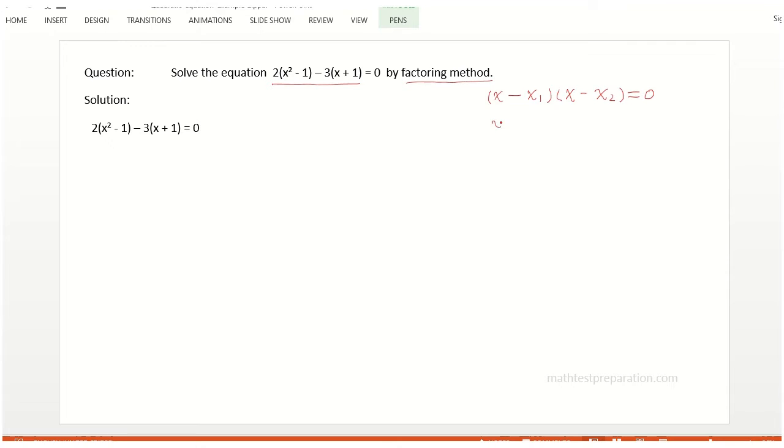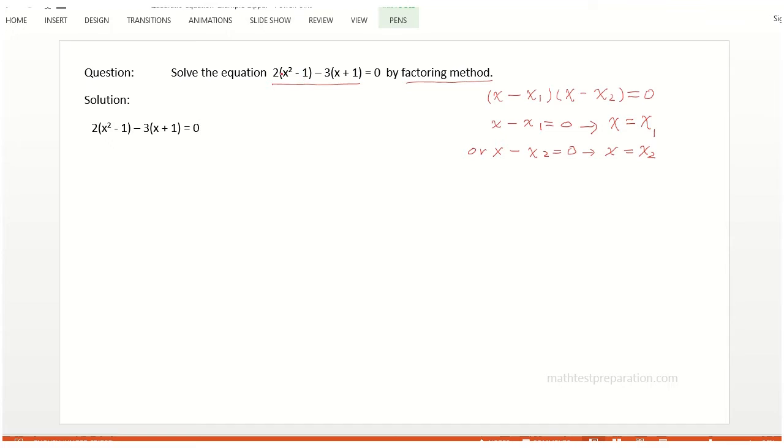So x − x1 = 0, or x − x2 = 0. If x − x1 = 0, then x = x1. If x − x2 = 0, then x = x2. x1 and x2 are numbers.